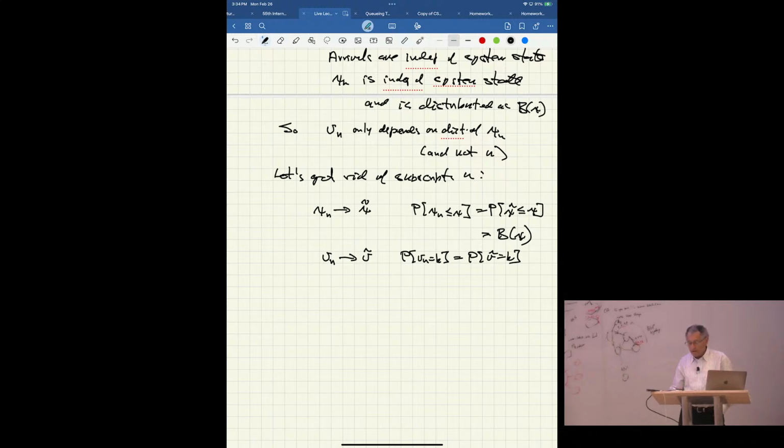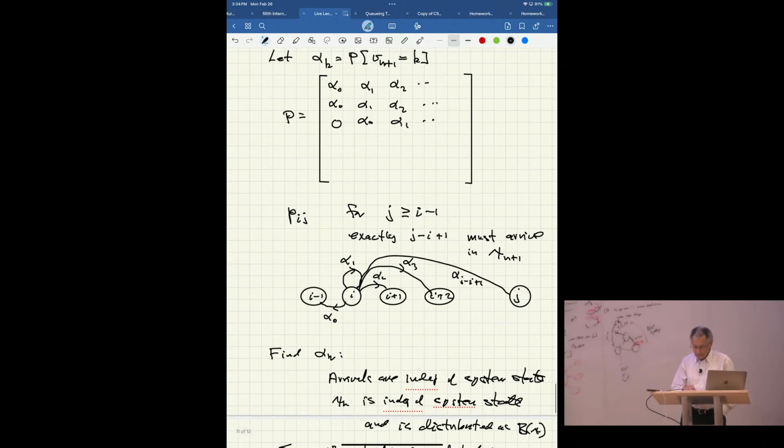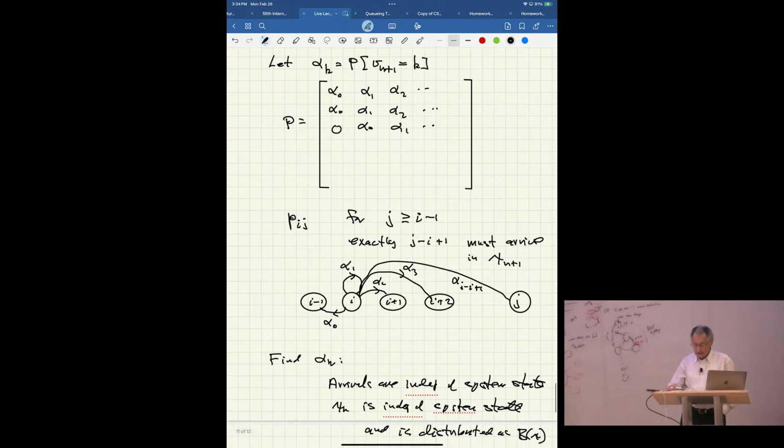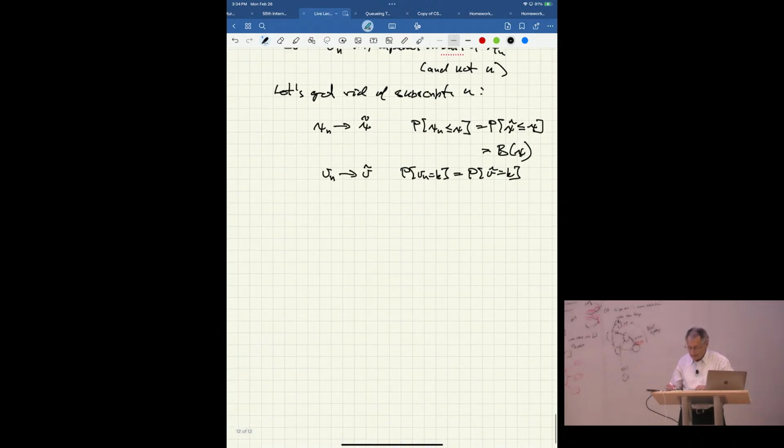The last thing I wrote down? What's at the very top of my page? Notation for the probability V equals k is alpha k. So let's write that down. So this is alpha k.